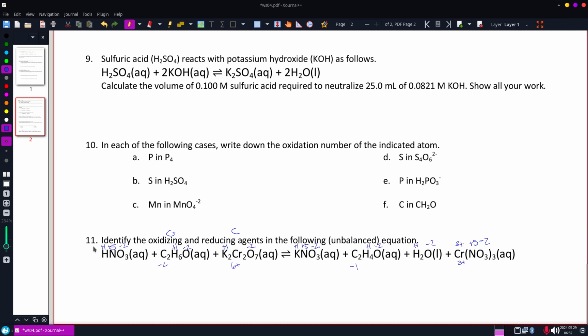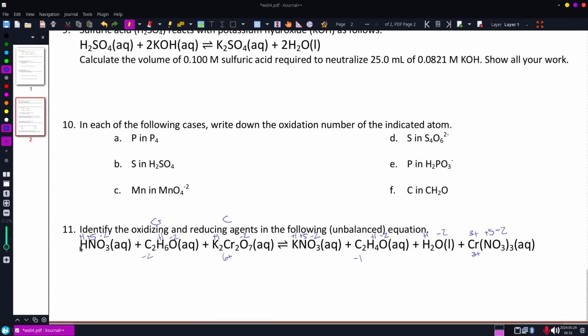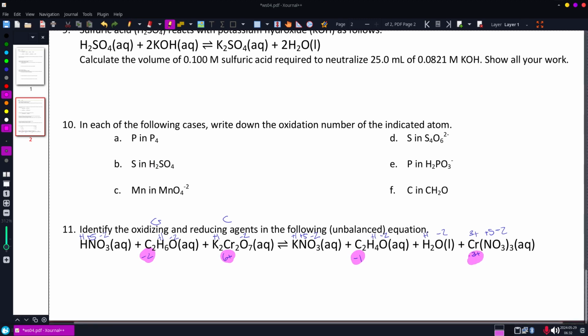All right, now I said I was going to do this 2 ways, and what I'm going to do is point out that if we're very quick on figuring out what species must be getting oxidized and reduced, so we know our rules well enough, the things that are outliers, the ones that don't actually have any nice fixed rules, are oftentimes the ones that are changing.